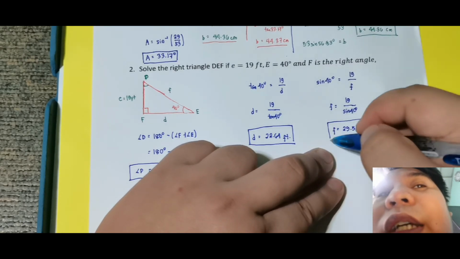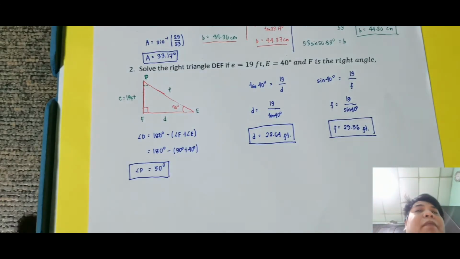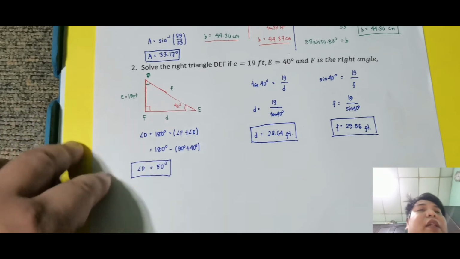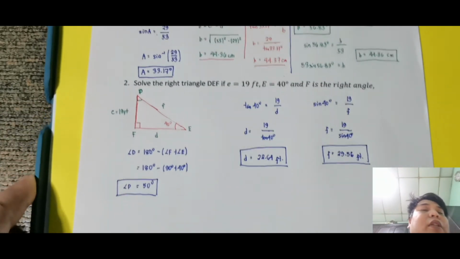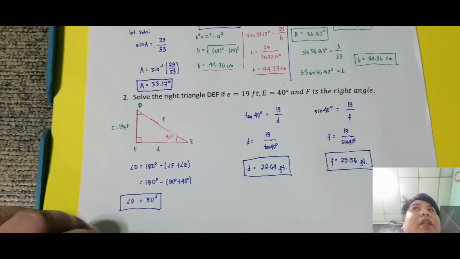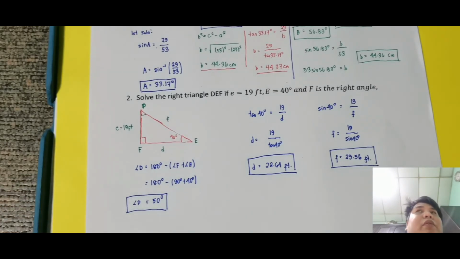Okay, so ngayon tanong, nahanap ko na ba yung mga value na pinapahanap? Yes, nahanap ko na yung angle D, nahanap ko na yung side F saka side D. Therefore nasolve na natin yung ating right triangle. Hoping na may natutunan ka about dyan, kasi ito yung mga possible technique na pwede kong gawin. Kanya-kanya kayong diskarte kung saan ka mas komportable.